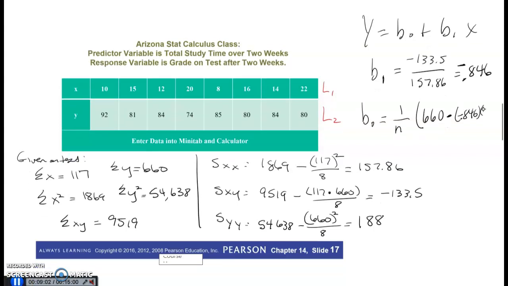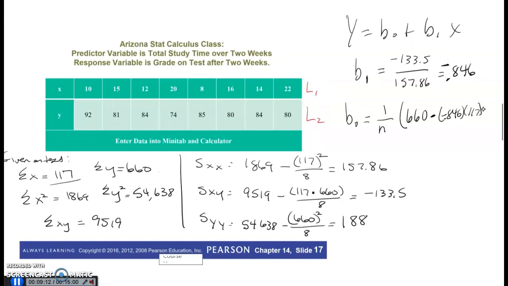And then that was multiplied by the summation of x's, which you can get off the formula sheet, and that we have over here is 117. So again, if I give you all these summations, you calculate these S values, you'll have no problem plugging everything into the formula, and our b sub 0 comes out to about, I believe, 94.867.